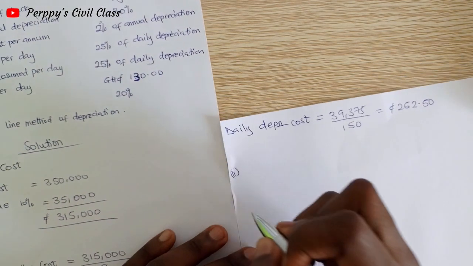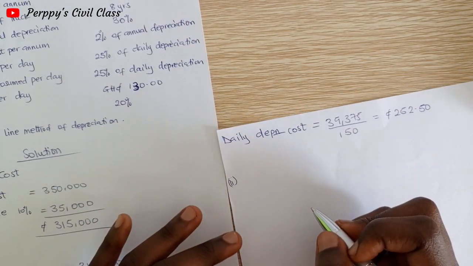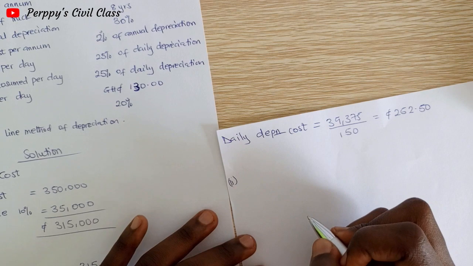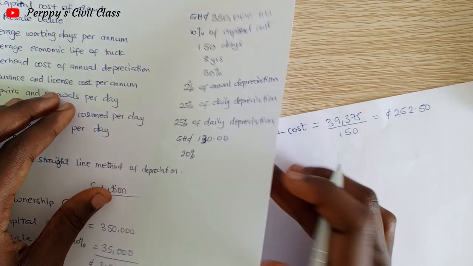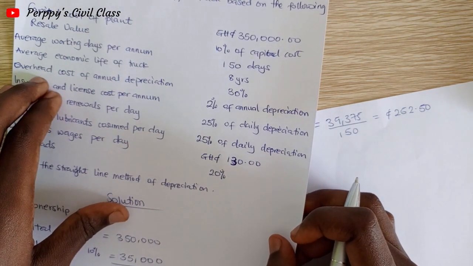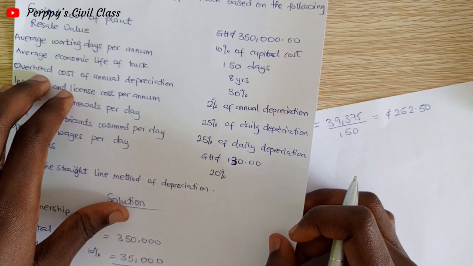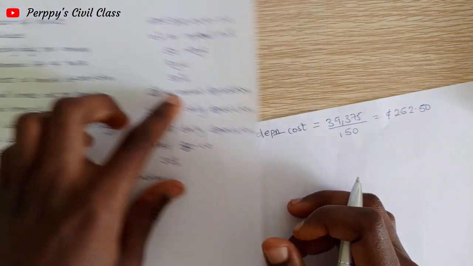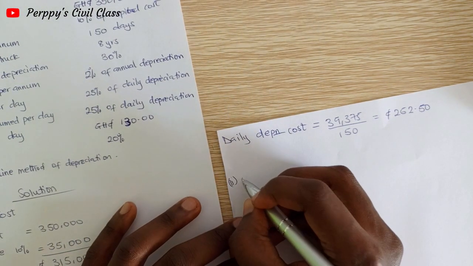The interest on the annual depreciation is the same as the overhead and profits. The overhead cost of the annual depreciation is 30%.